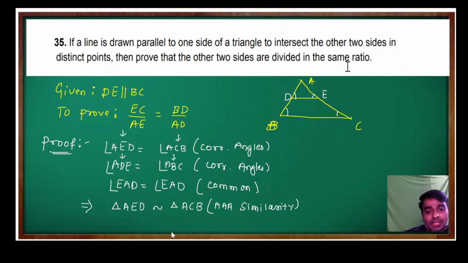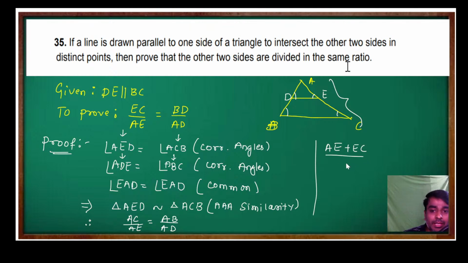So if they are similar, then you can write the ratios of the sides as equal easily. Therefore, AC by AE is equal to AB by AD. Now here, what is meant by AC? This complete thing, AC, is AE plus EC, divided by AE as it is. And on this side, what is meant by AB?